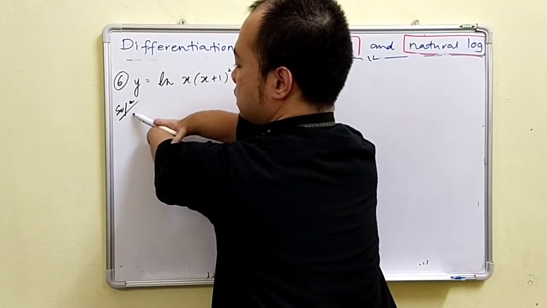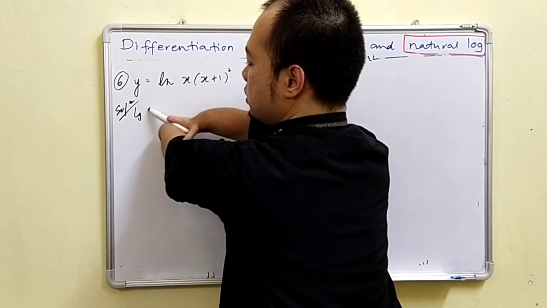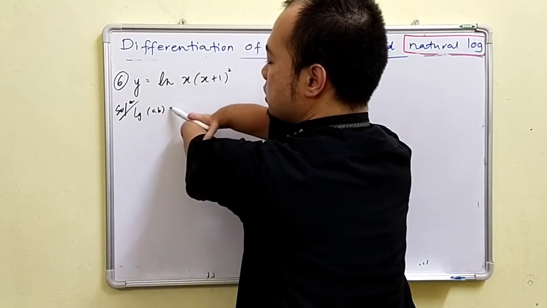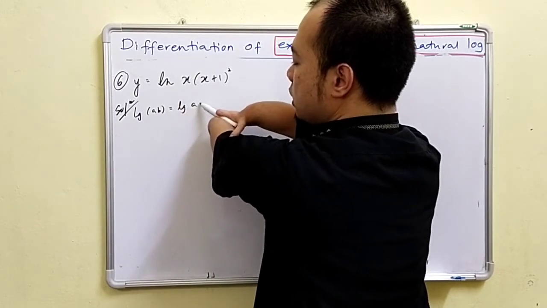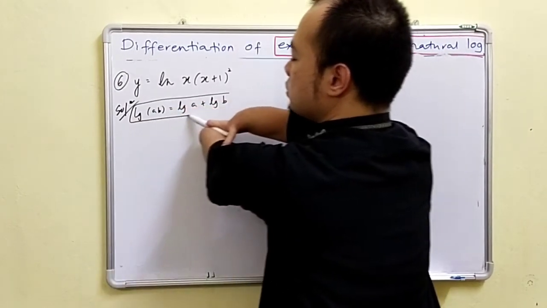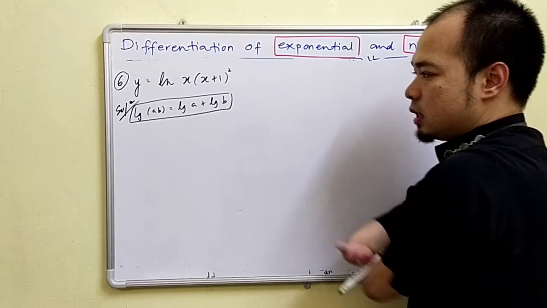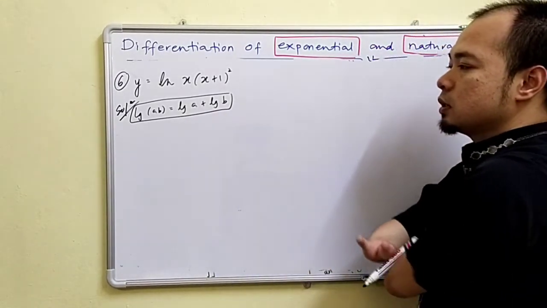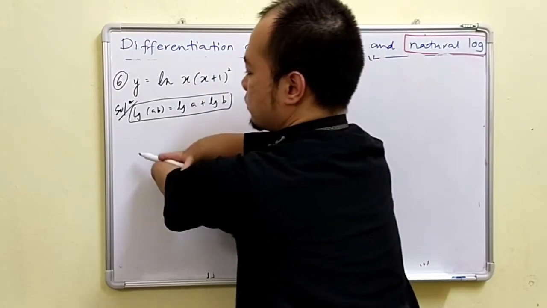The multiplication rule said that if you have log AB, A multiplied by B, this is equal to log A plus log B. Just in case you forgot. So this is the properties. So I will split this into two.